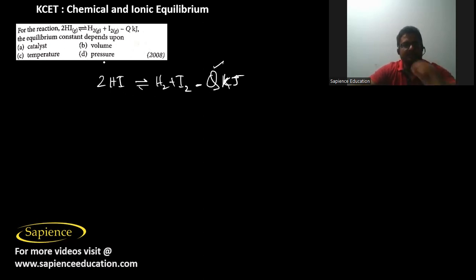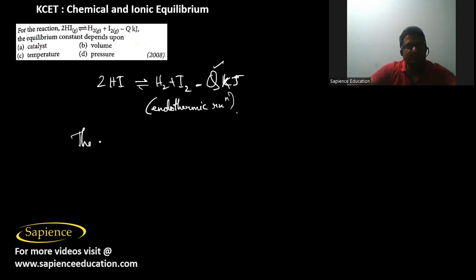And here it is told the equilibrium constant depends upon... The equilibrium constant depends upon... Okay, so it is an endothermic reaction.